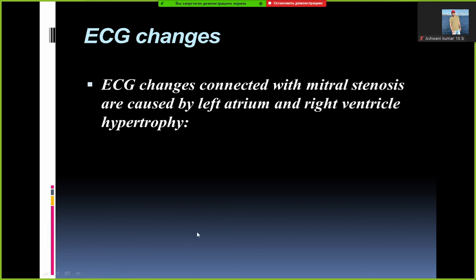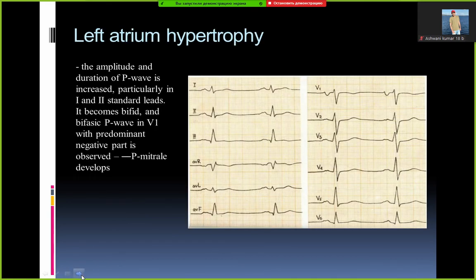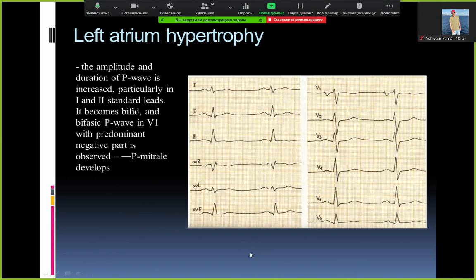ECG changes in case of mitral stenosis are connected with left atrium hypertrophy and right ventricle hypertrophy. This record represents left atrium hypertrophy.